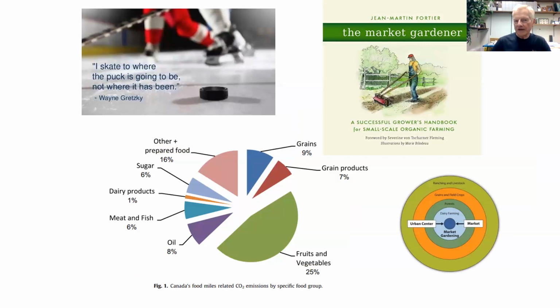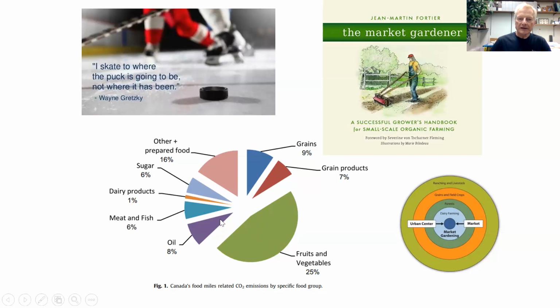Well, one little example is if we look at the bottom left-hand corner of this figure, this shows the food miles associated with specific organic foods in Canada. And what we see here is that fruit and vegetables consumes a lot of our food miles. And that's because we're importing them from other parts of the world, from the United States and elsewhere.